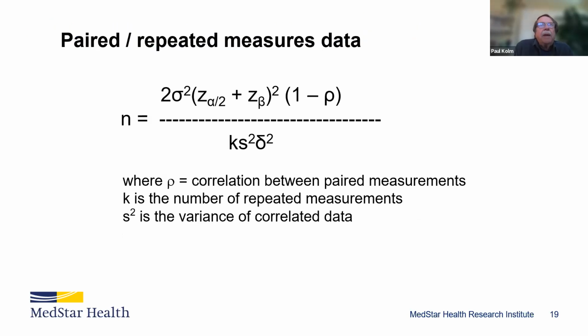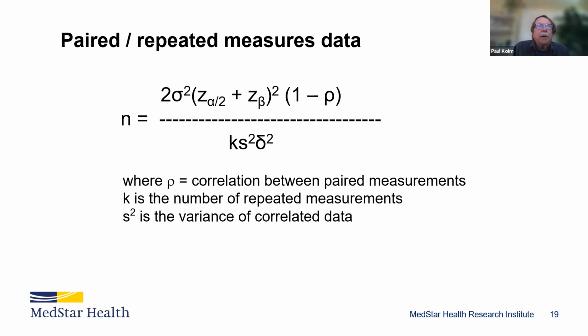If we have paired data or repeated measures data, then it's a similar sort of calculation, except that now we have some additional information that we need. The one piece that we need is rho, the correlation between the paired measurements. And then we also need the number of repeated measurements.